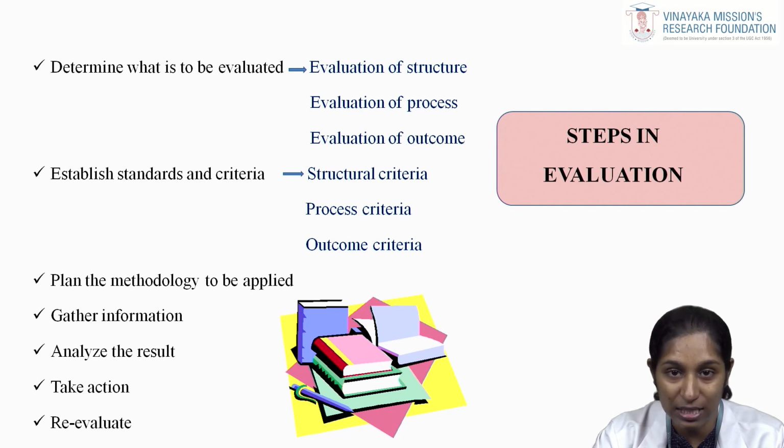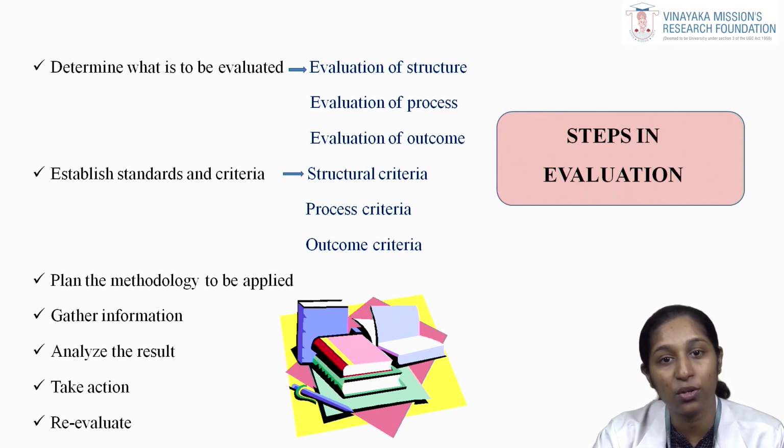Evaluation of process is the evaluation of various activities carried out during the program, and evaluation of outcome deals with the final result of the program, that is whether persons using services experience measurable benefits such as improved health, quality of life or reduced disability, etc.